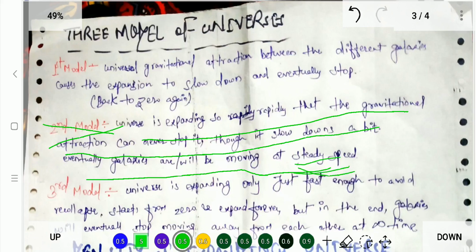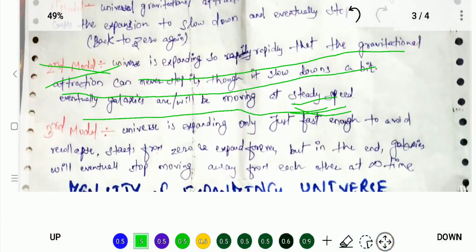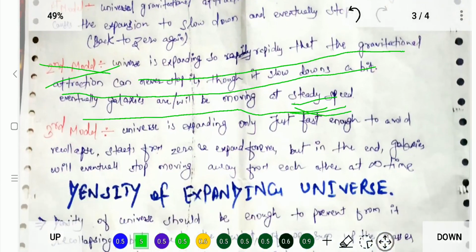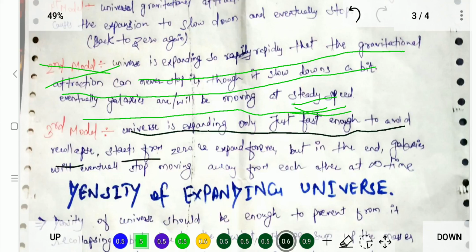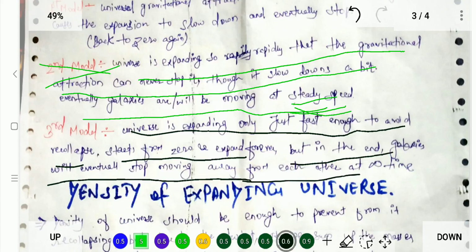What does this mean? Now let's go to the third model. The universe is expanding just fast enough to avoid the recollapse. This is what we call a critical rate. I told you before, a critical rate. This is the correct model. It starts from zero and expands forever, but in the end, galaxies will eventually stop moving away from each other at infinite time.